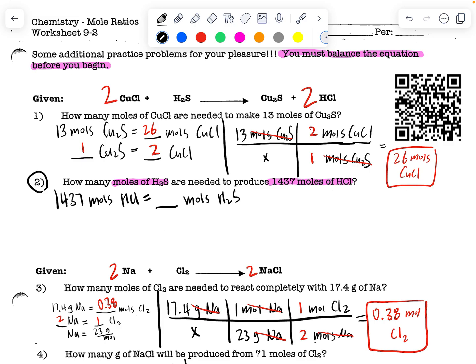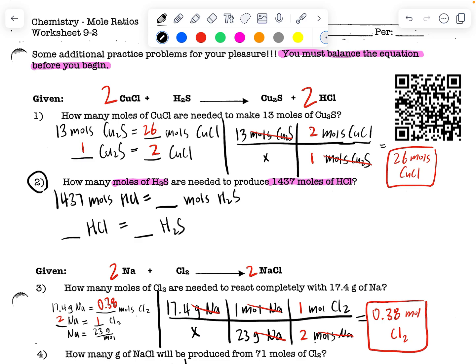All right, so that's my goal here, right? So I'm going to leave that on the left side, and I'm going to think, okay, to go from HCl to H2S, I need some sort of bridge that would take me there, right? Also known as the molar ratio, right? So what is the ratio between HCl and H2S?